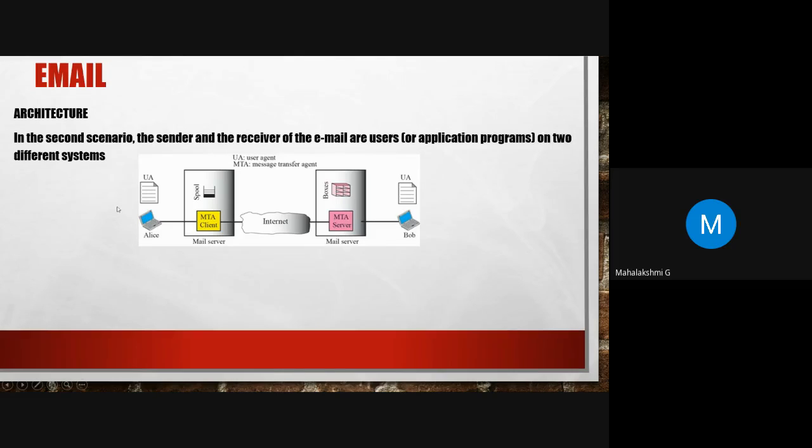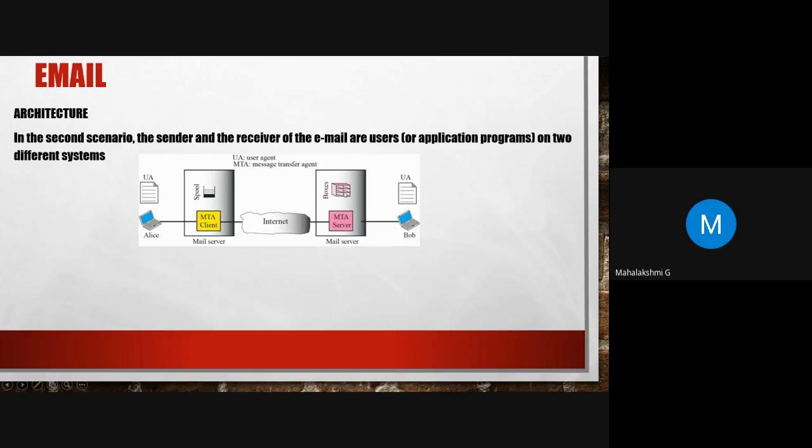Alice needs to use a user agent program on the system at her own site. The system at her site uses a queue to store the messages waiting to be sent. Bob also needs a user agent to retrieve the message stored in the mailbox.